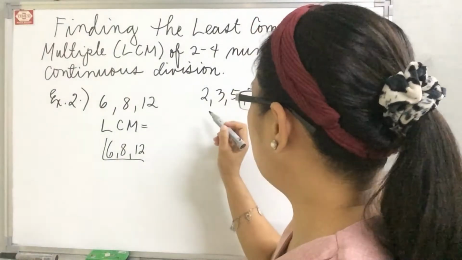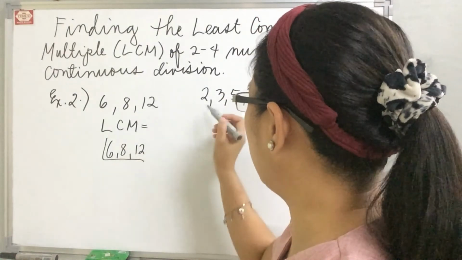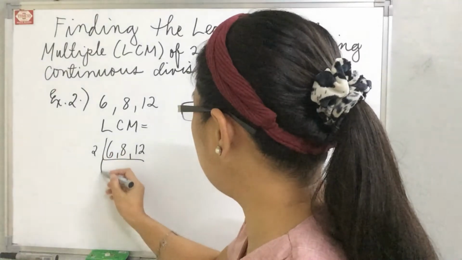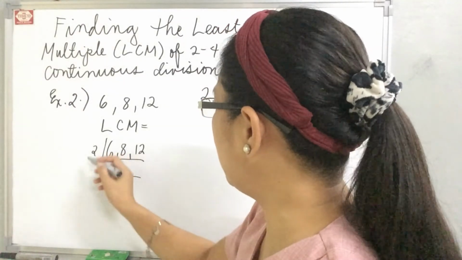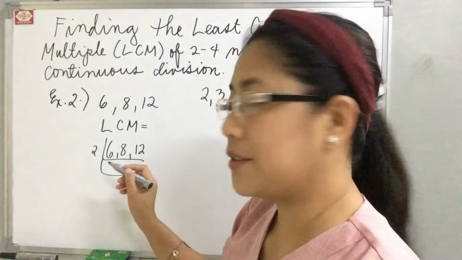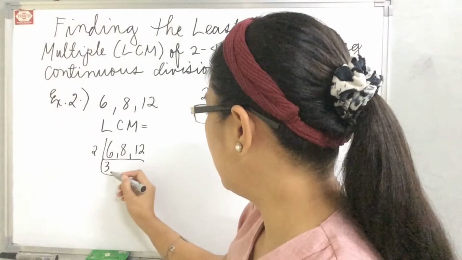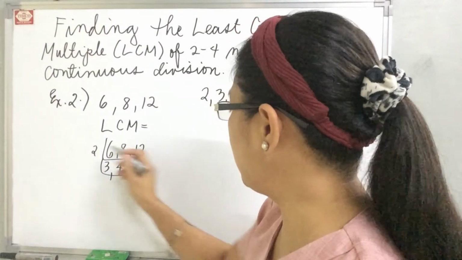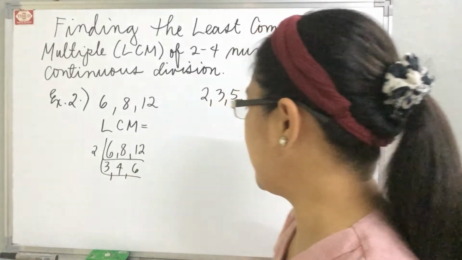Now, can we divide 6, 8, and 12 by 2? Yes. So let's write 2 and divide. 6 divided by 2 is 3. Okay. 8 divided by 2 is 4, and 12 divided by 2 is 6.